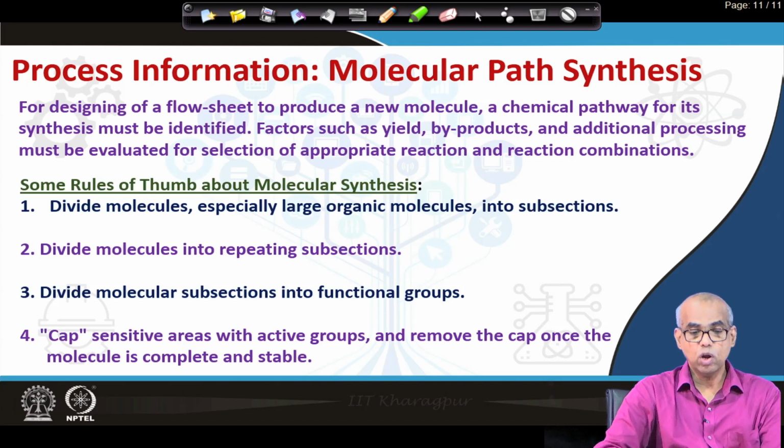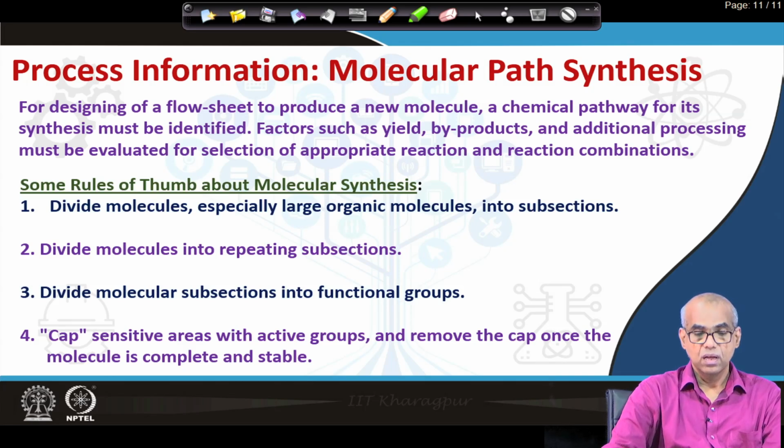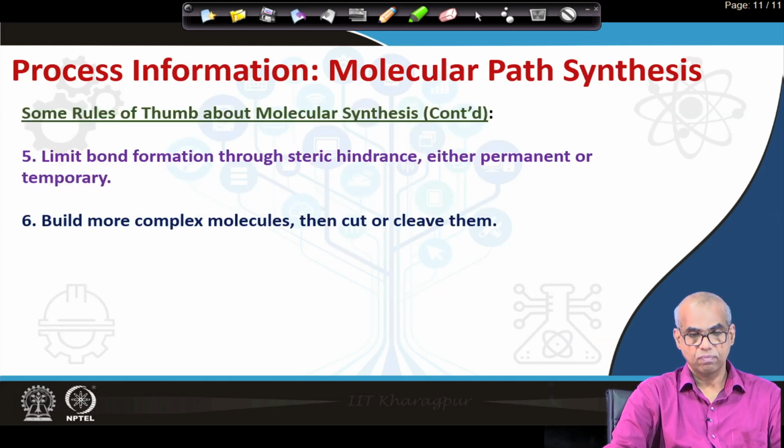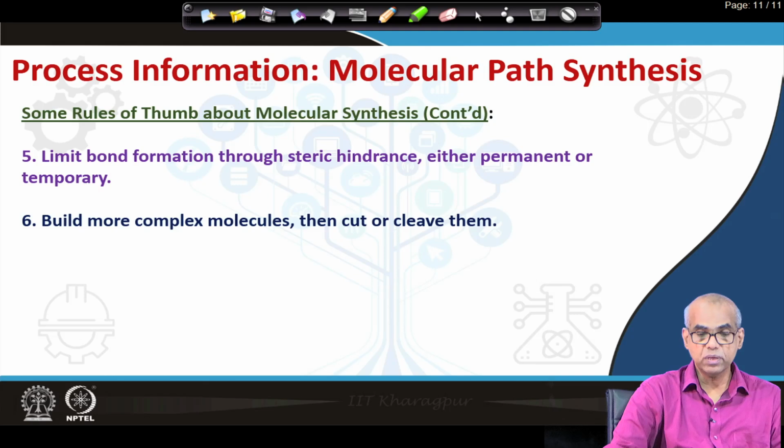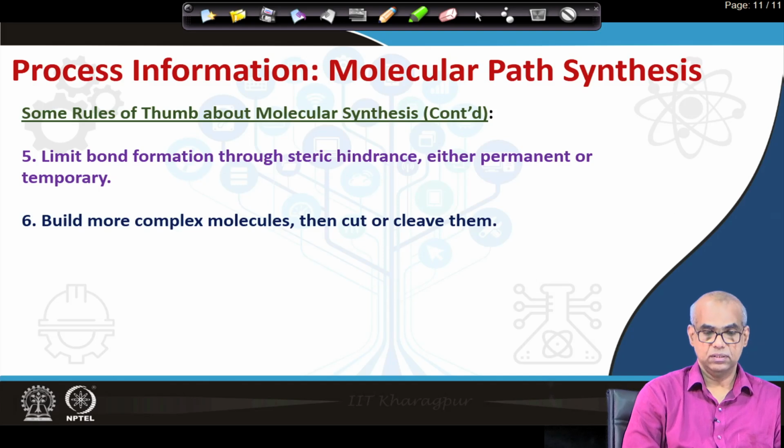Here are some rules of thumb about molecular synthesis. Divide molecules, especially large organic molecules, into subsections. Divide molecules into repeating subsections. Divide molecular subsections into functional groups. Cap sensitive areas with active groups and remove the cap once the molecule is complete and stable. Limit bond formation through steric hindrance, either permanent or temporary.